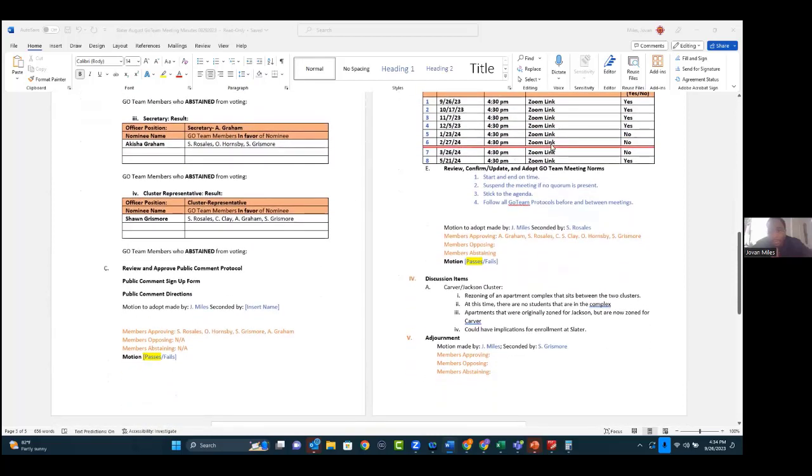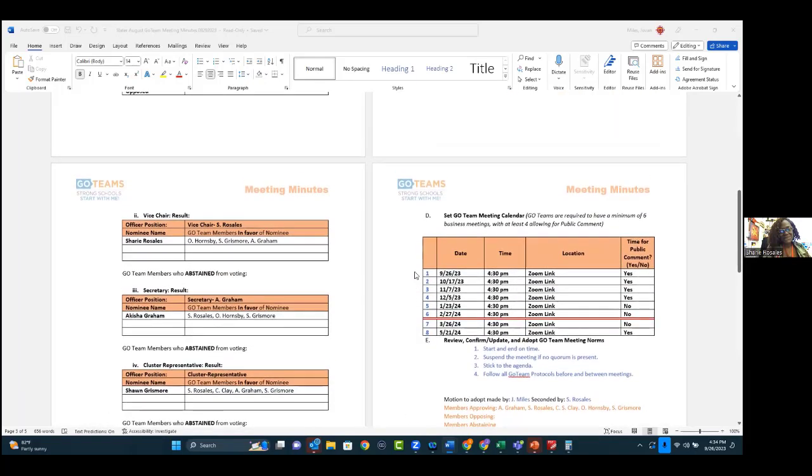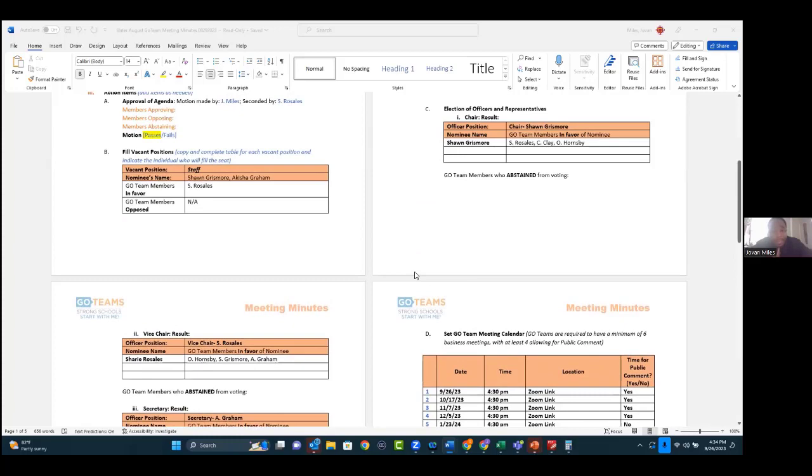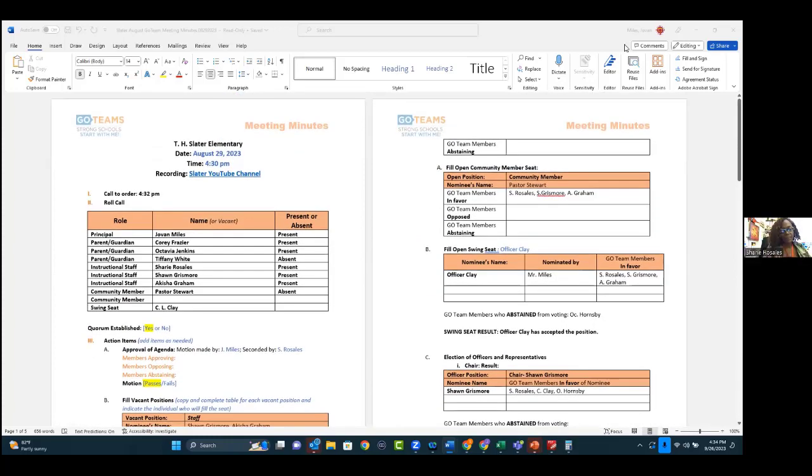Hearing no suggested changes, I'm going ahead and make a motion that we approve the August minutes. Can I get a second? Second. Okay. All those who approve, can I get an aye? Aye. Aye. If anyone disapproves, can I get a nay?